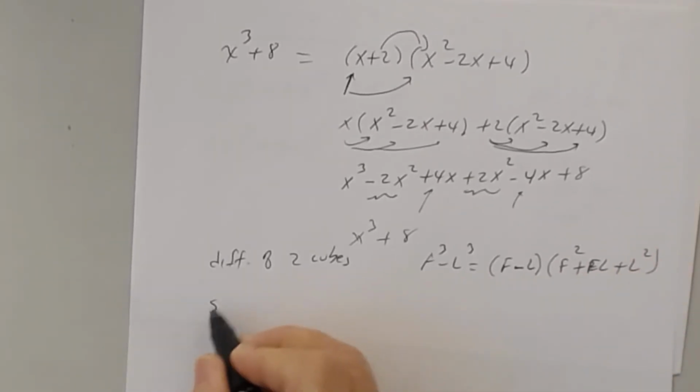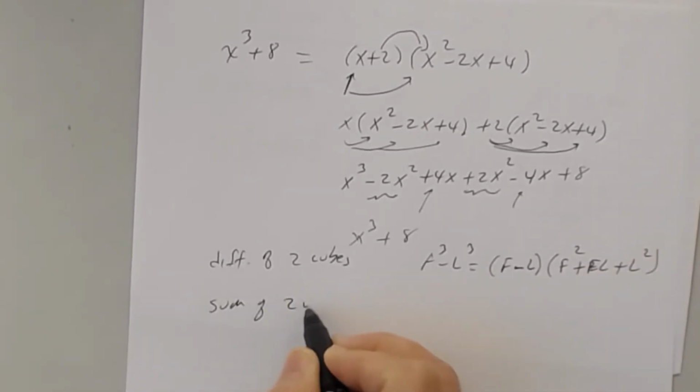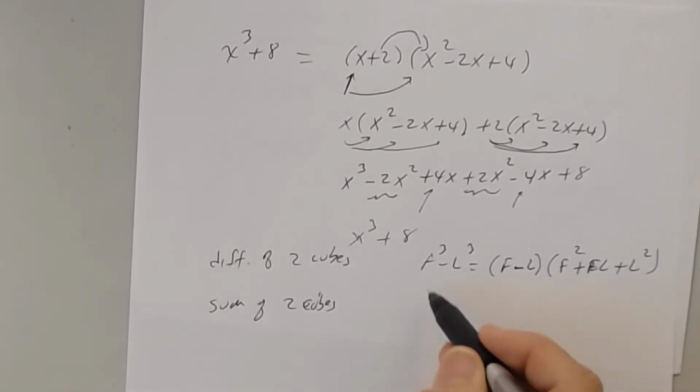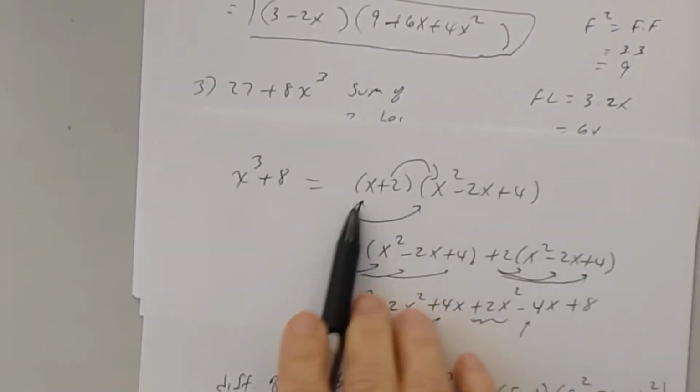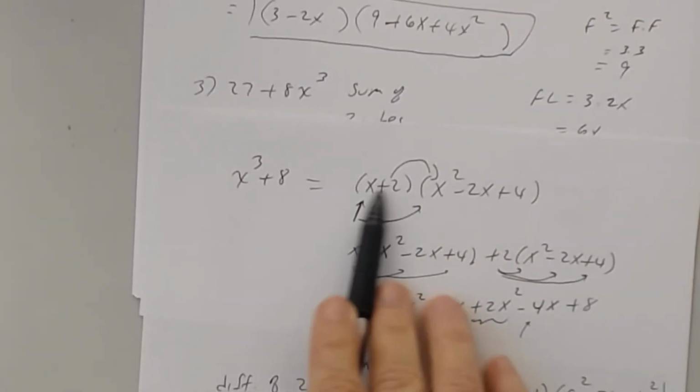Now I want to look at the sum of two cubes, and I want you to notice how similar and different they are. So f cubed plus L cubed. My binomial is not x minus 2, it's x plus 2.